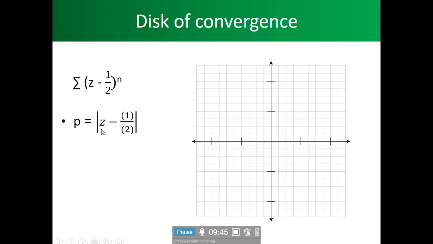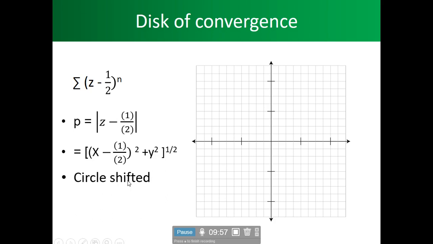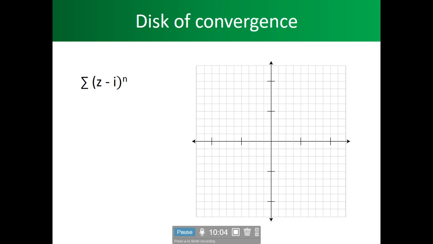And this is similar to another circle, but the circle is shifted. But as you can see, it's still the same format. The circle is shifted by how much? By 1/2. On what axis? On the x-axis. Okay, we hope that you're getting this.